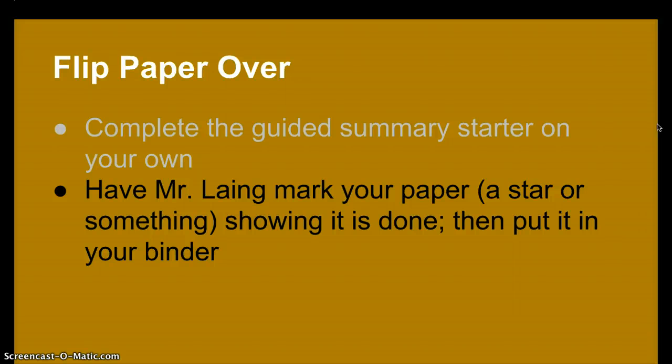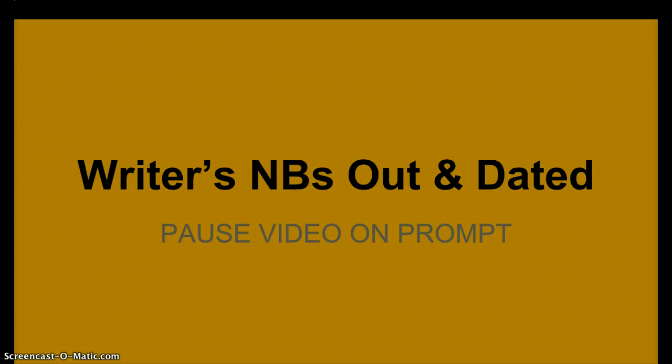I think it's pretty self-explanatory. You're going to use some of that highlighted text to help you determine what the main idea is. And then when you are finished, raise your hand and have Mr. Lang mark your paper with a star or something to show that it's done, and then put it away in your binder. We're going to end class with your writer's notebooks, so please get those out and date them.